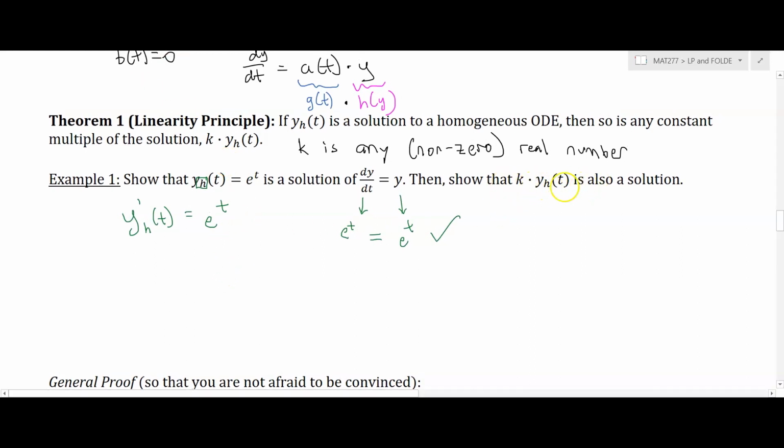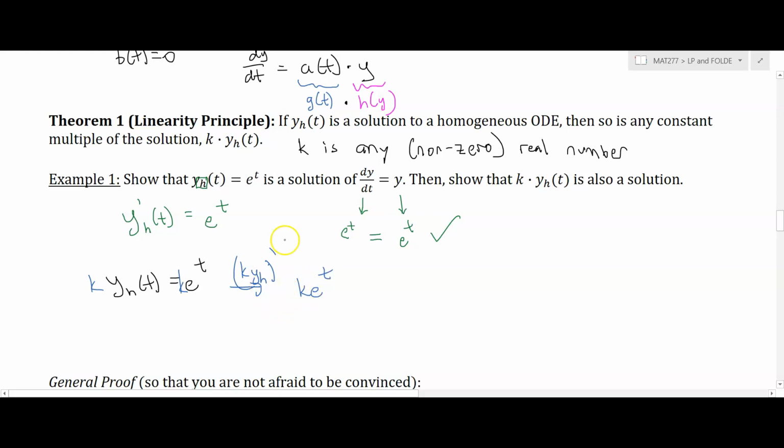And show also that k times y sub h of t is also a solution. So if y sub h of t is e to the t, then if we multiply that by k, k y sub h is k e to the t. So the derivative of k times y sub h is the derivative of this function, which is simply equal to, well, the derivative of k e to the t is k e to the t.